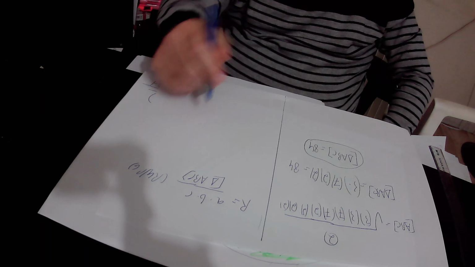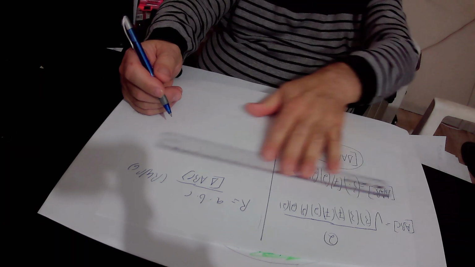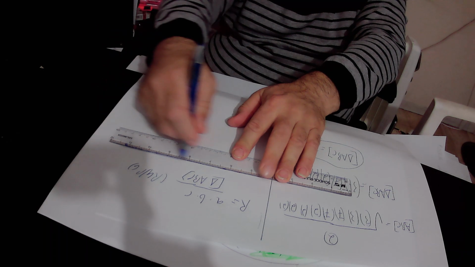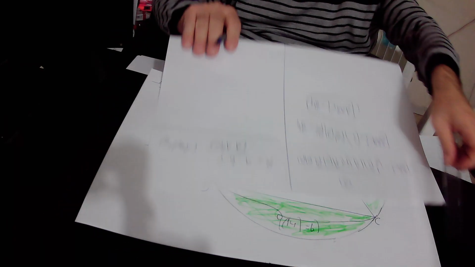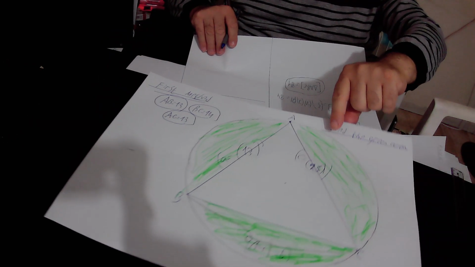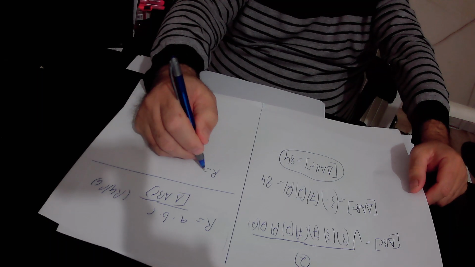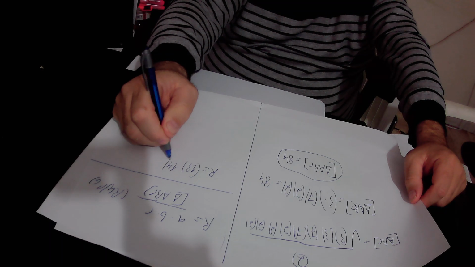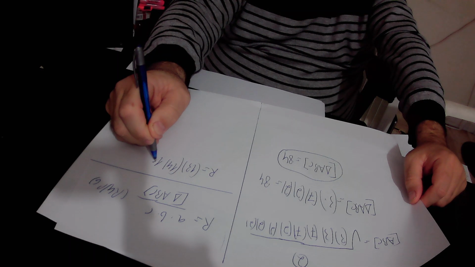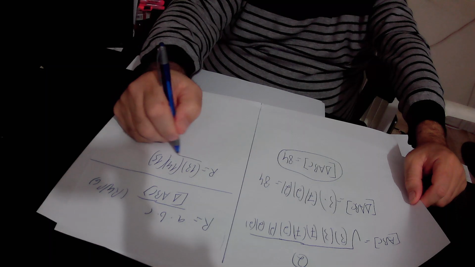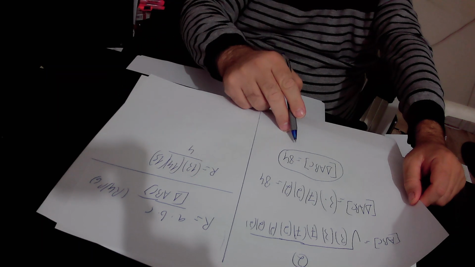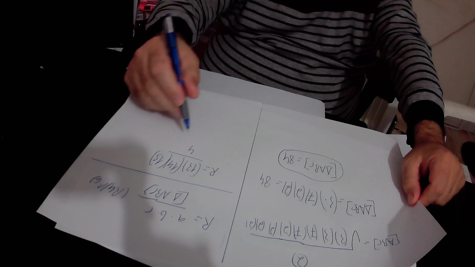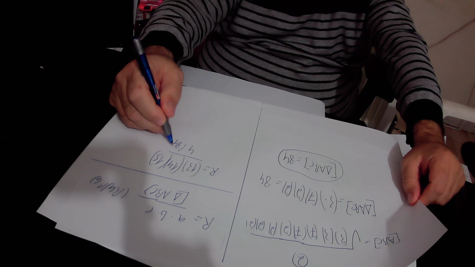So the radius of this circle, capital R, equals A that is 13 times B that is 14 times C that is 15 over 4 times the area of triangle ABC. The area of triangle ABC equals 84 square units.